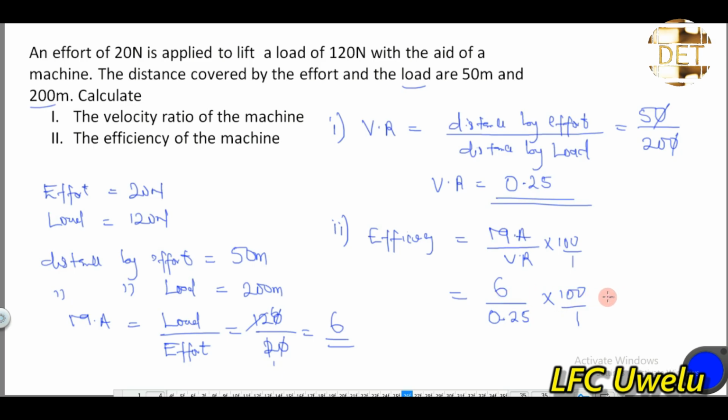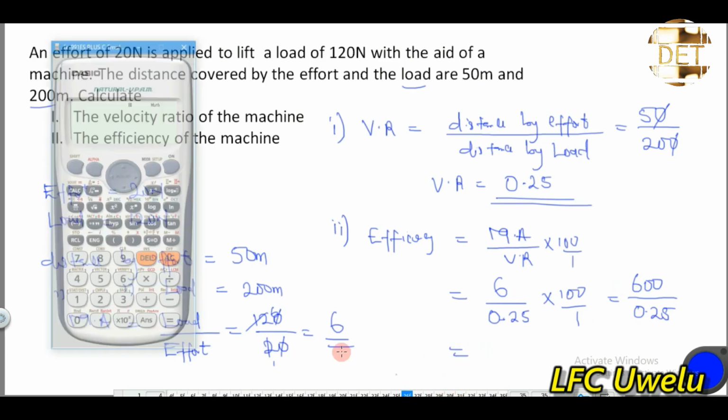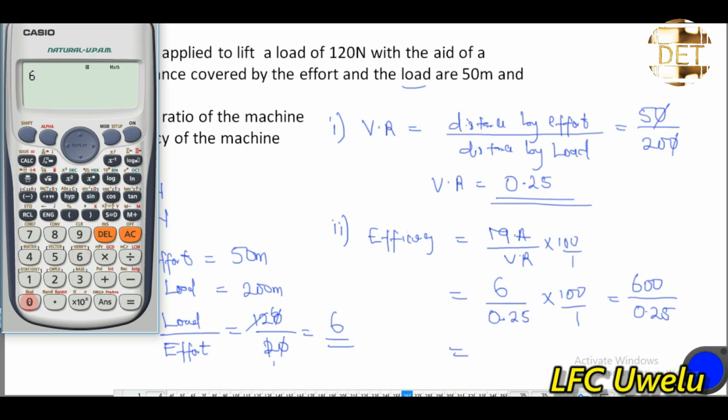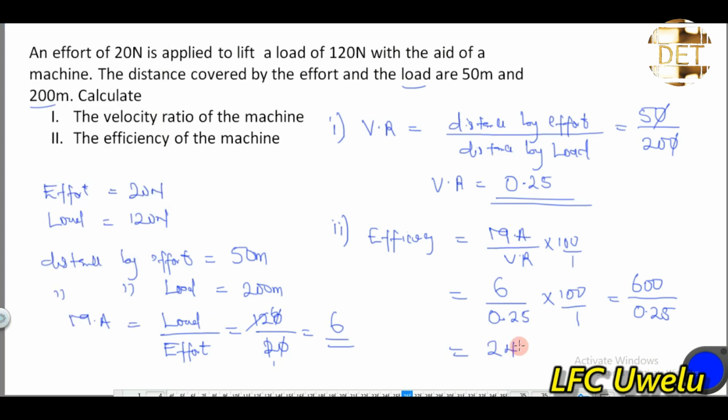So 6 times 100 is equal to 600 over 0.25. So 600 divided by 0.25 is equal to 2400%. Well, this is not very realistic. This is not realistic at all.